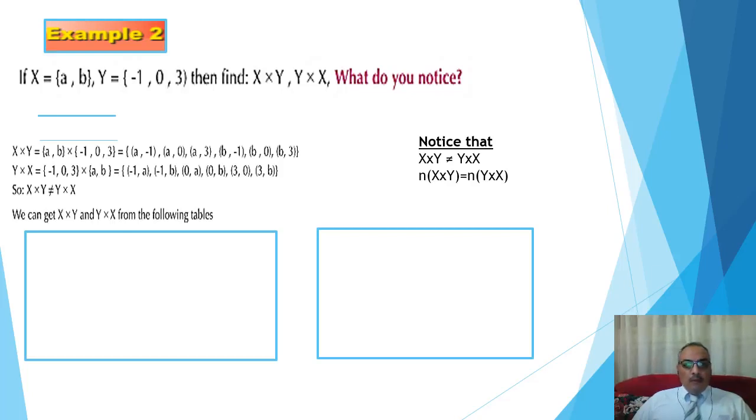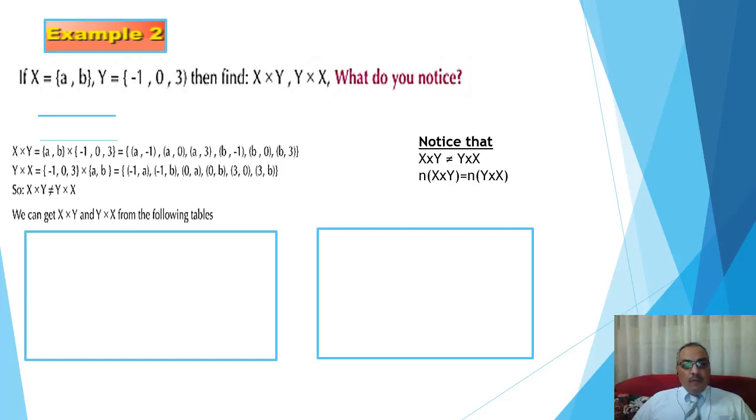Is the ordered pair (A, negative 1) equal to the ordered pair (negative 1, A)? No. Why? The first ordered pair starts with A, the other starts with negative 1. The two pairs are not equal. So the product XY is not equal to the product YX.